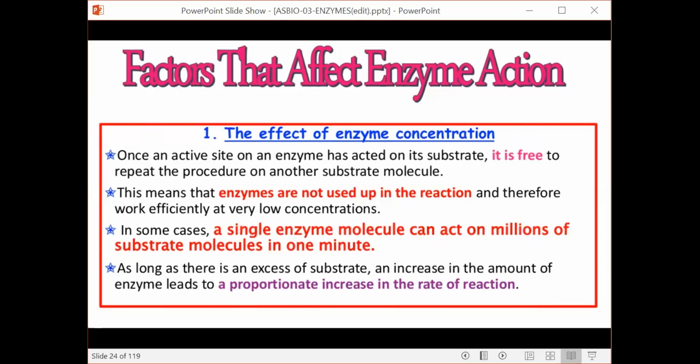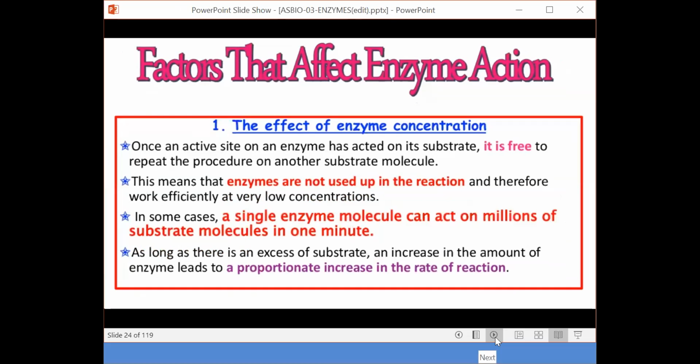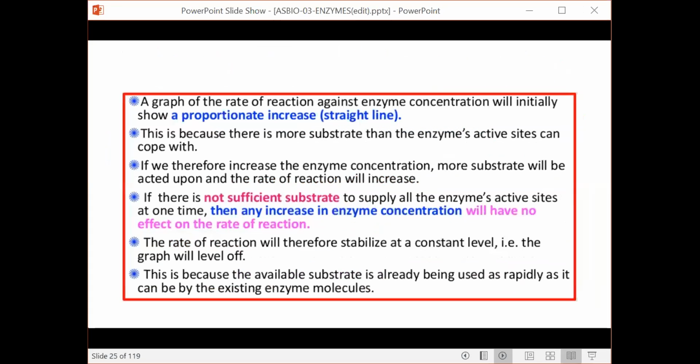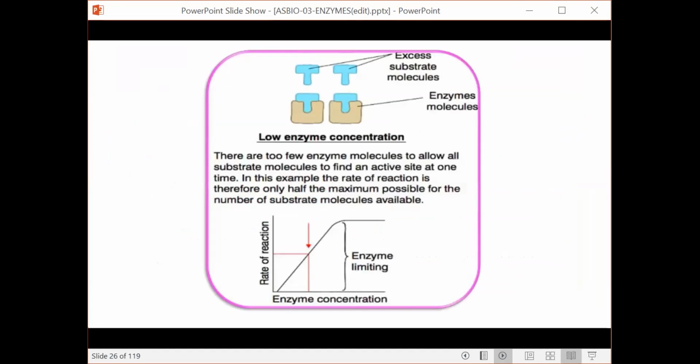Okay, effect of enzyme concentration. This graph goes up in a similar fashion: as the enzyme is increasing, the reaction is increasing. So it forms a proportional straight line. Basically, this is the graph it will make.